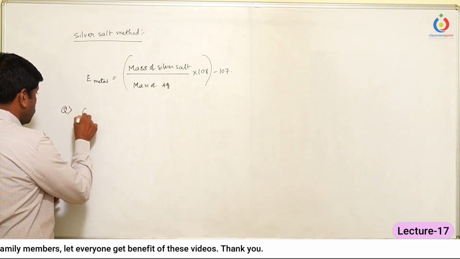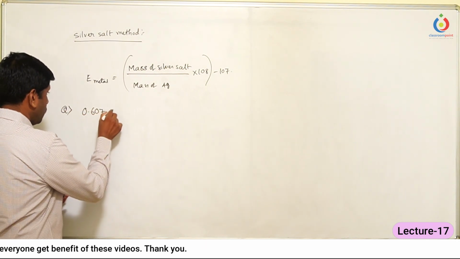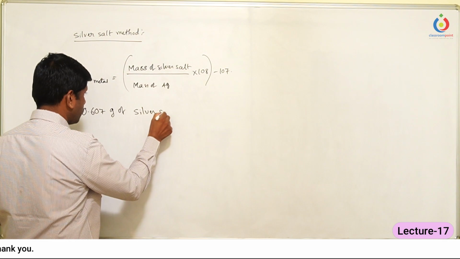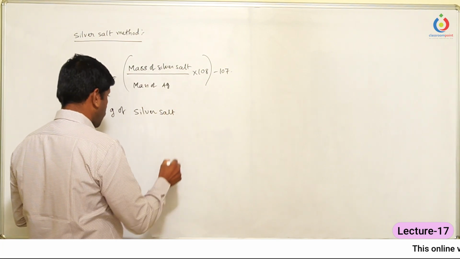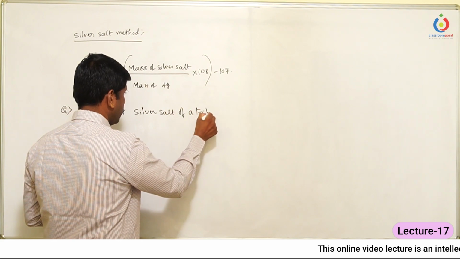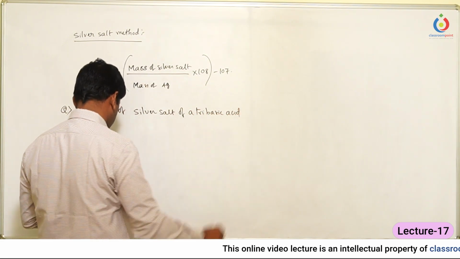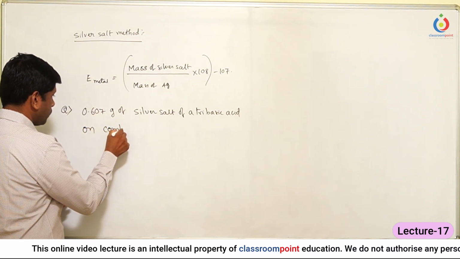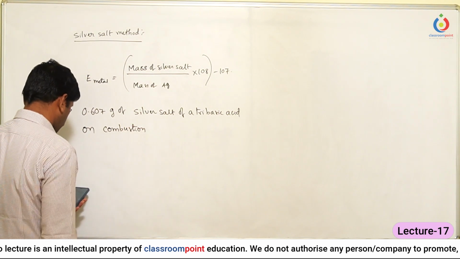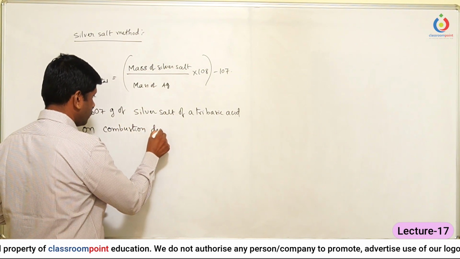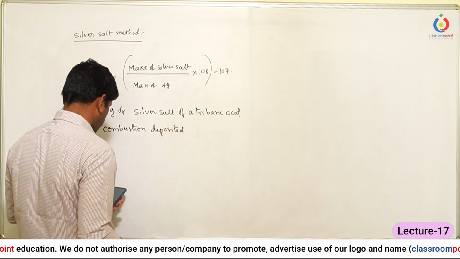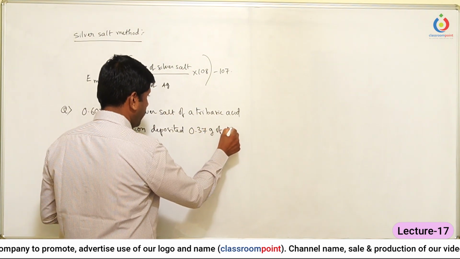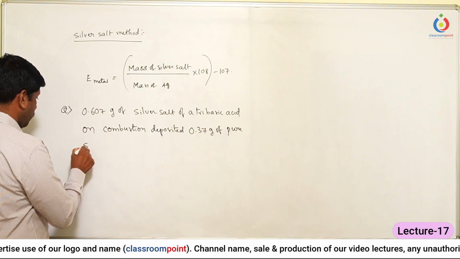Question is: 0.607 grams of silver salt of a tribasic acid on combustion deposited 0.37 grams of pure silver.